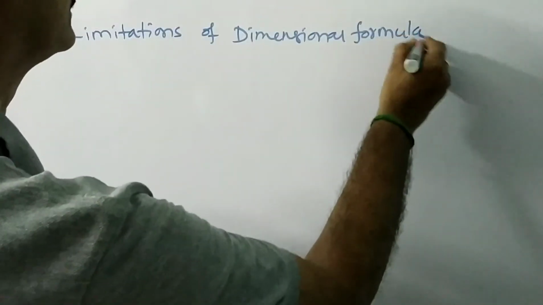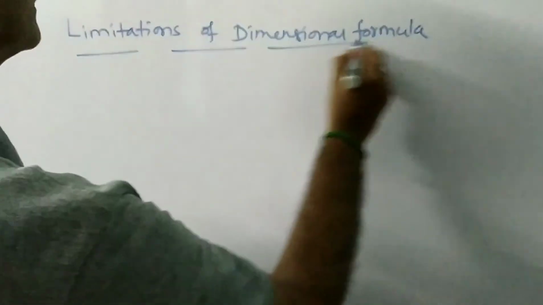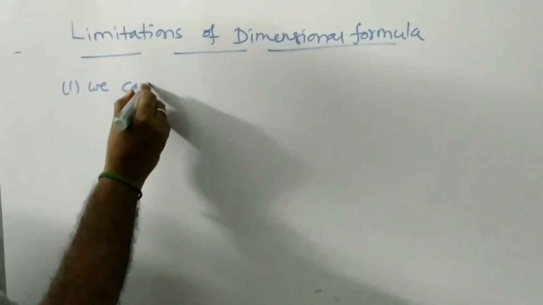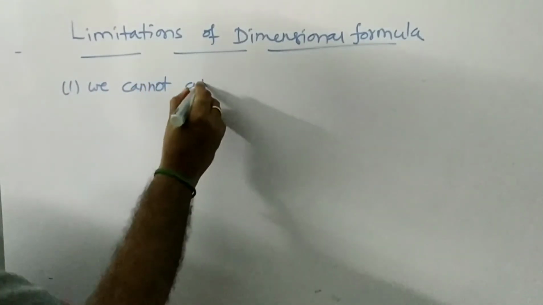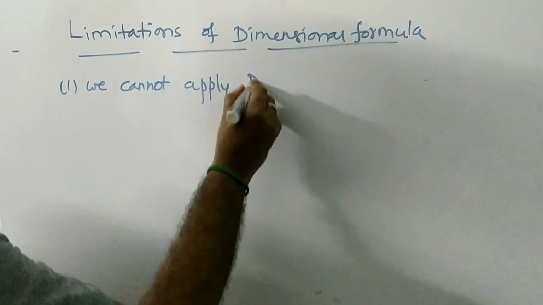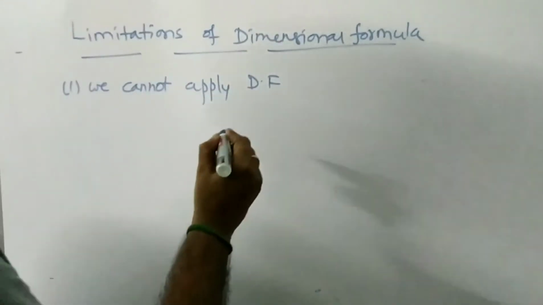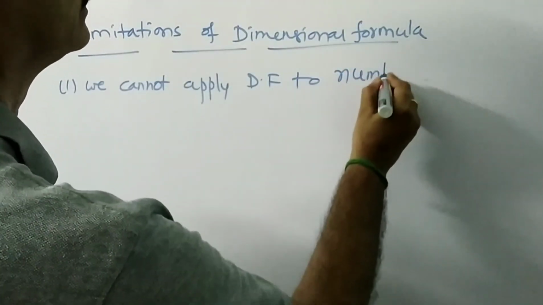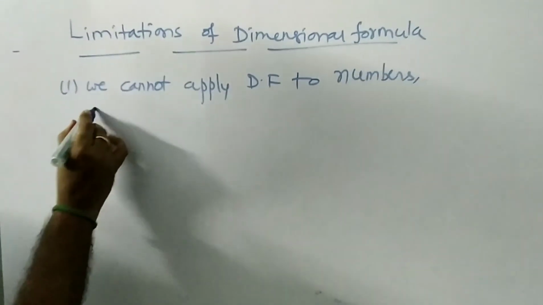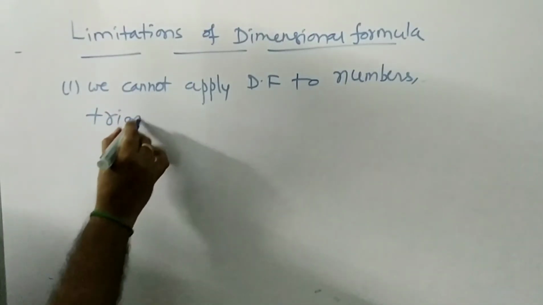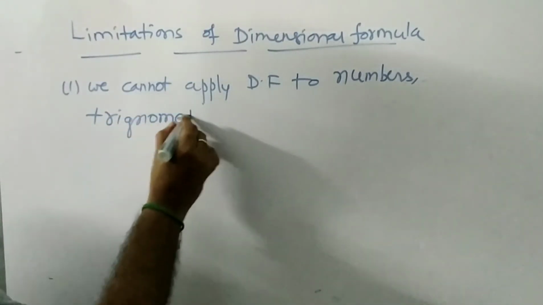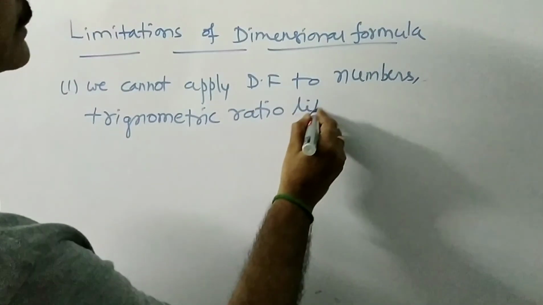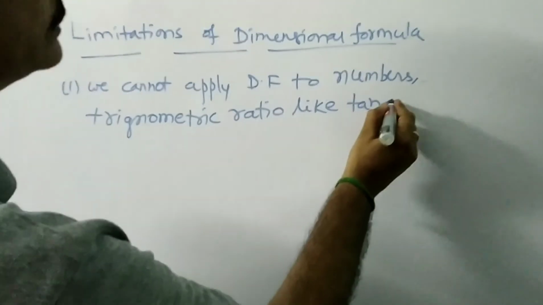The first limitation is that we cannot apply the dimensional formula to numbers and trigonometric ratios, like tan theta, cos theta, etc.